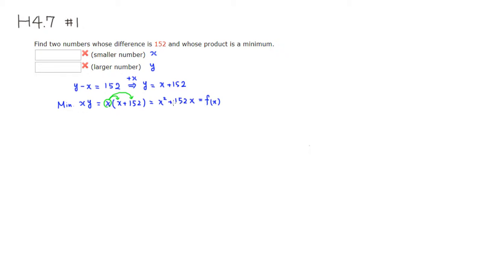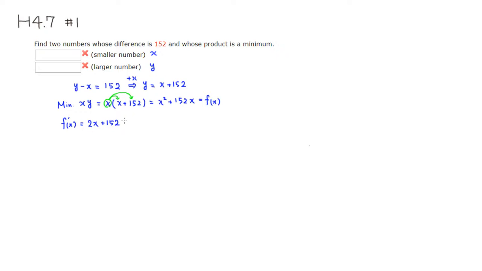Since this is a parabola, the minimum is going to occur at the vertex, so we can just find the critical number. f prime of x is equal to 2x plus 152.